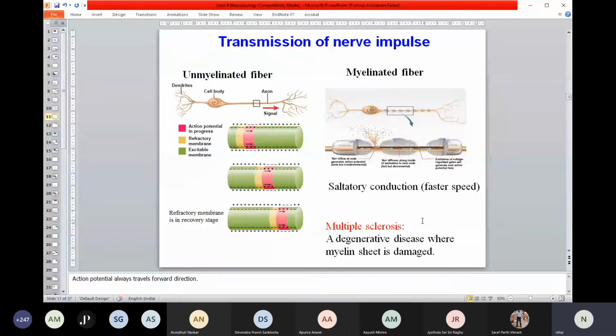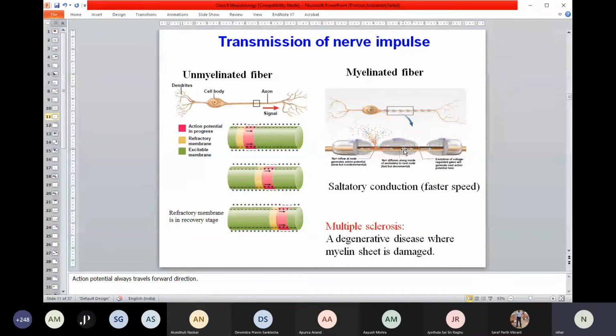It's very uncommon in India, but multiple sclerosis can be very common in various European countries in colder climate areas. In India it's surprisingly very low, but you can see those patients. So just to know, this disease can happen because of damage to the myelin sheath. Now you can guess what kind of problem the patient can have.